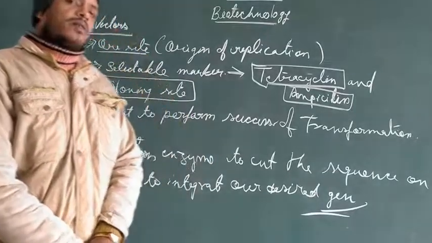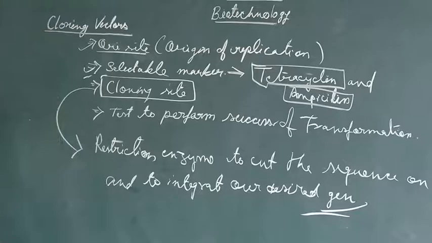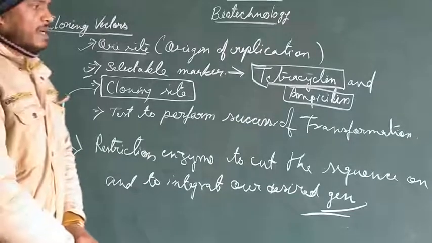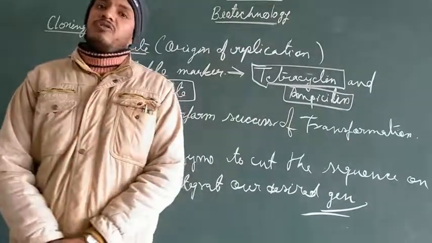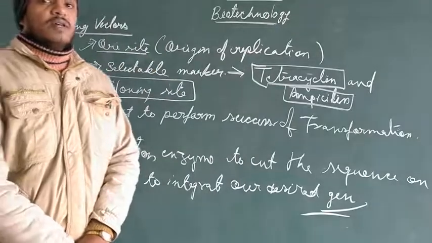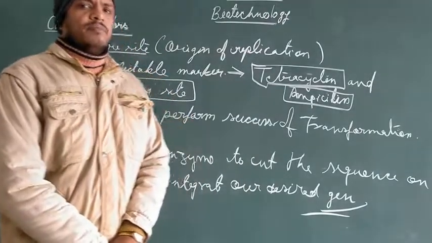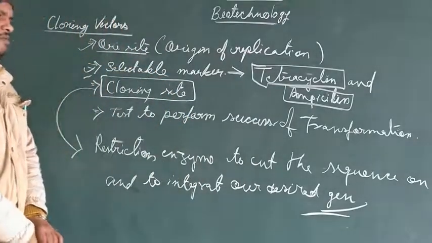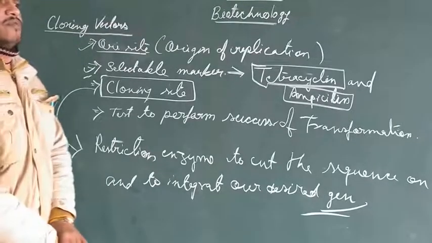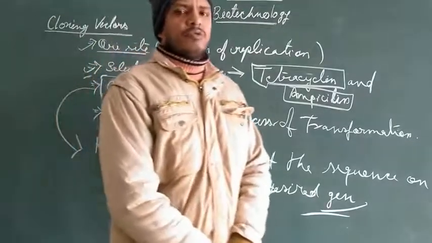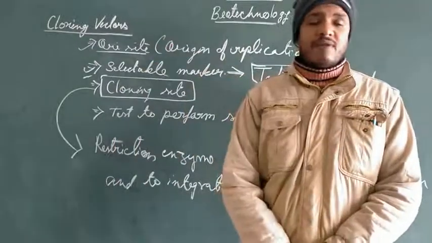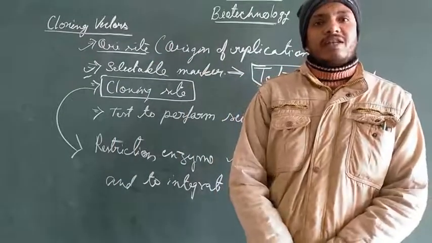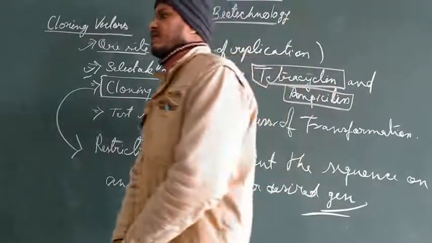Then when we insert our desired gene and ligate, we will face problems. To solve this, it is better to choose a plasmid which has a single or very few recognition sites.